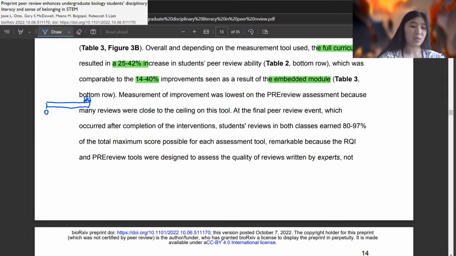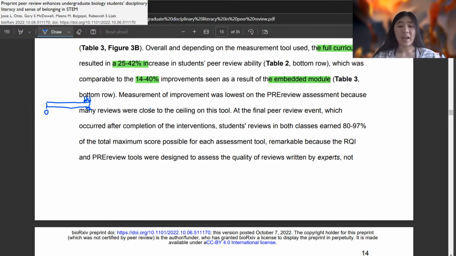So if we have 0 to 12 inches, and if you're all close to the end of the ruler, then there's not much difference because it's hard to judge fractions of an inch when you're all scoring pretty high. So that's still a good sign. It means that most people were as good as they could be.